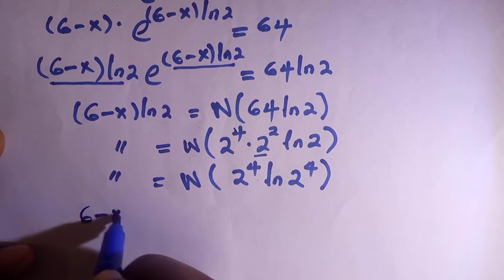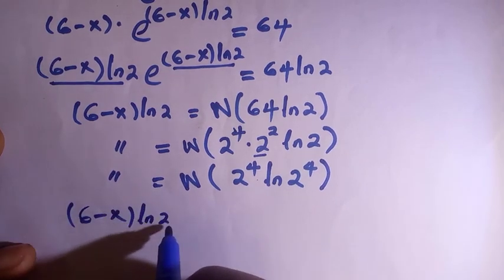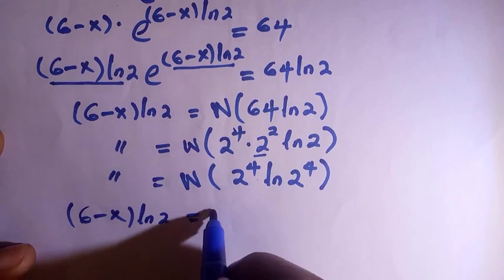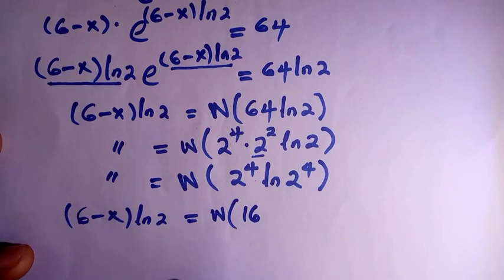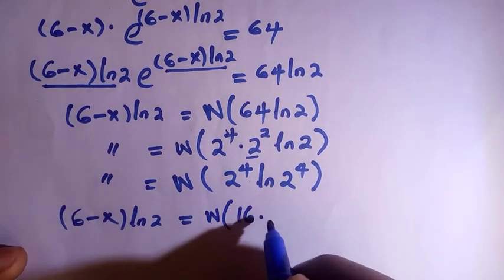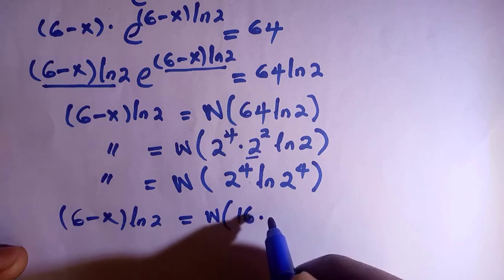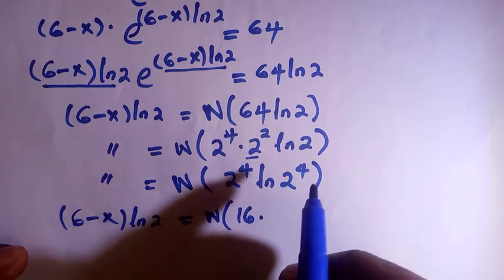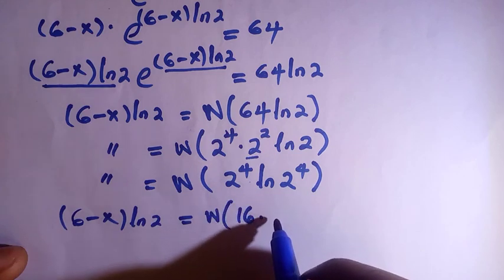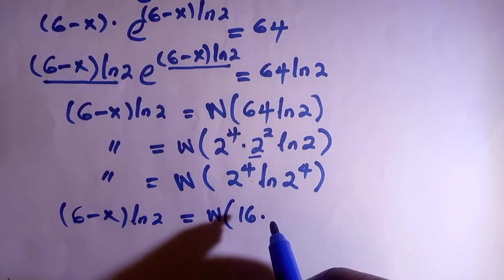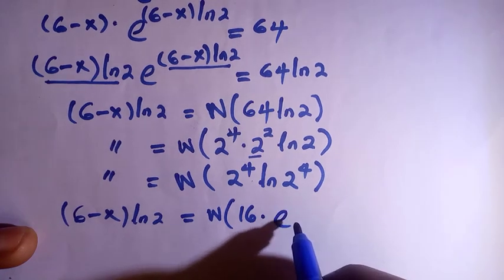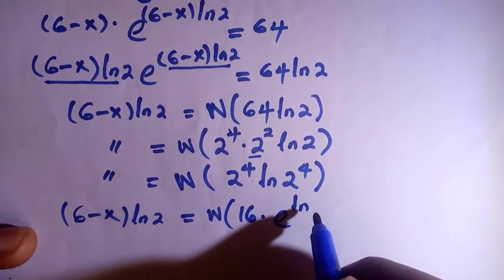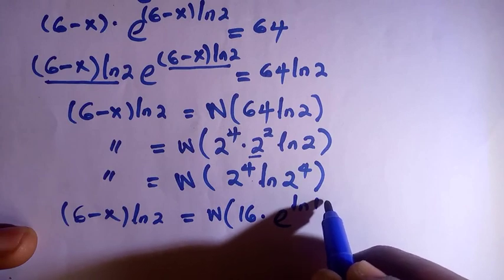Then we have 6 minus x ln 2 equals the omega log. What I will do here is, if this remains 16, and for this exponential ln of these two, if I try to introduce the exponential to this, I just want to write it in terms of exponential and ln, and here we have exponential of ln 2 to the power of 4, that is ln 16.